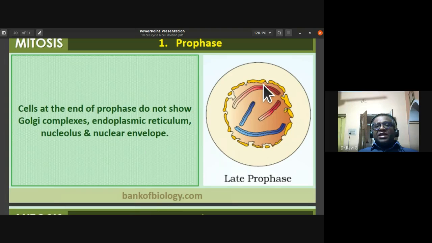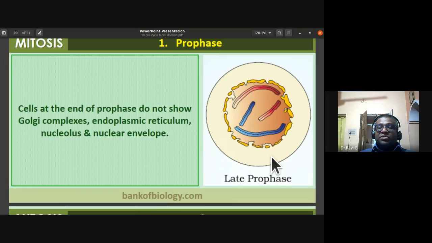Cells at the end of prophase, the late prophase, do not show the Golgi complex, endoplasmic reticulum, nucleolus, and nuclear envelope. They disintegrate or disappear.